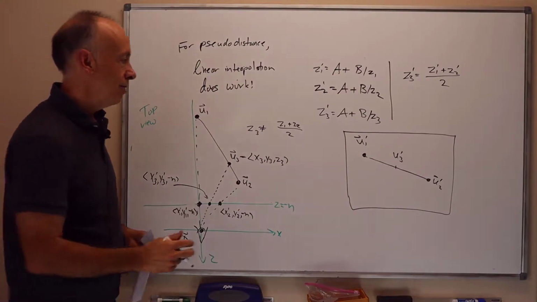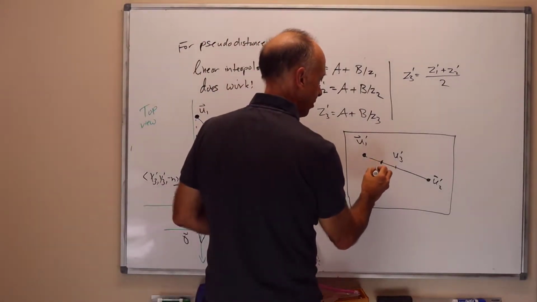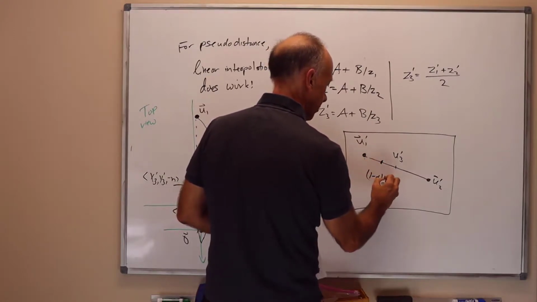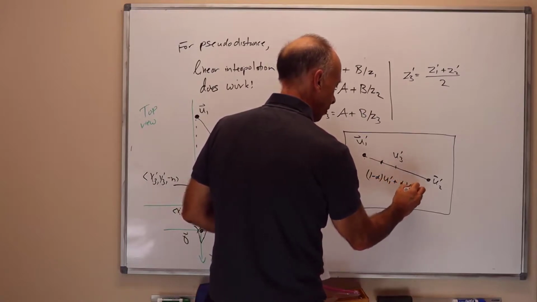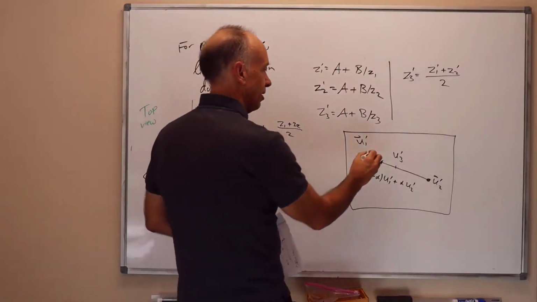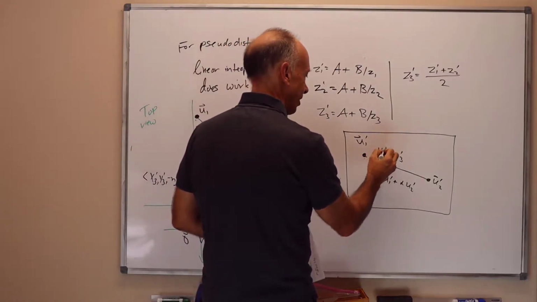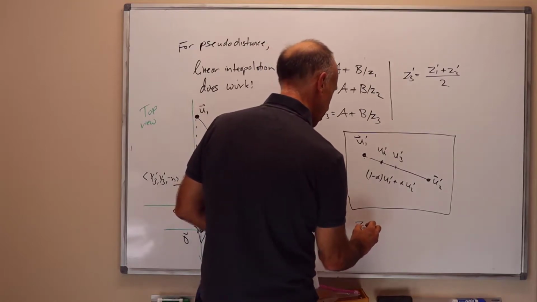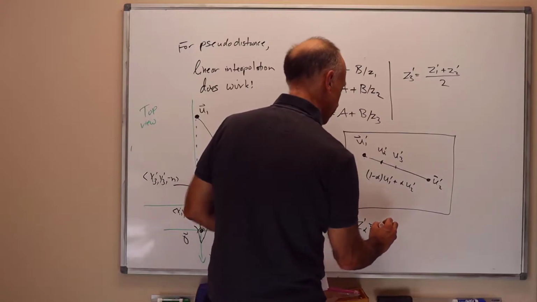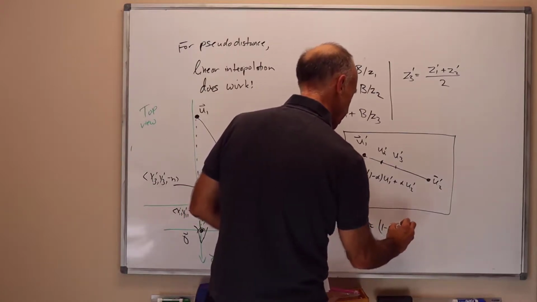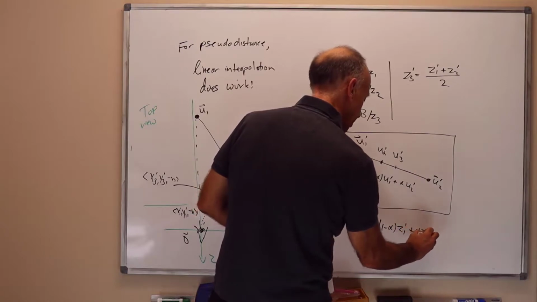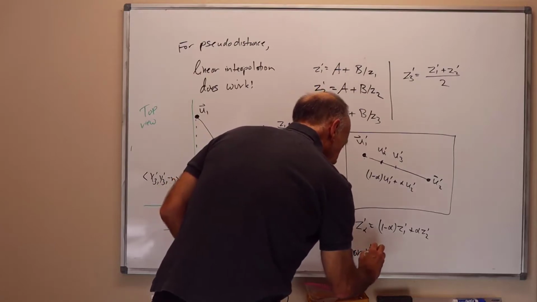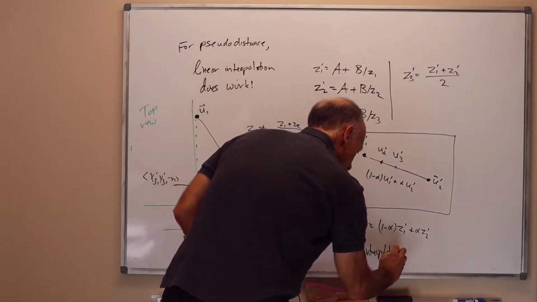And more generally, if you take a point fraction alpha of the way, 1 minus alpha times U1 prime plus alpha times U2 prime, call it U alpha prime, then Z alpha prime is equal to 1 minus alpha times Z1 prime plus alpha times Z2 prime. So linear interpolation does work for pseudo-distance values.